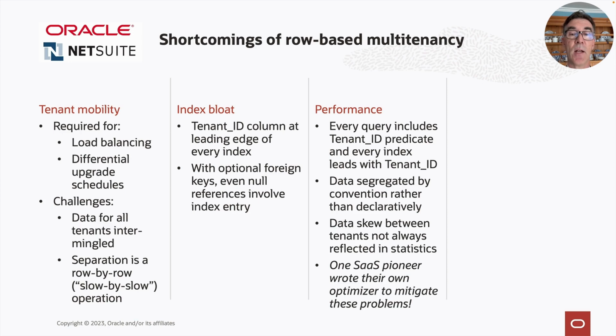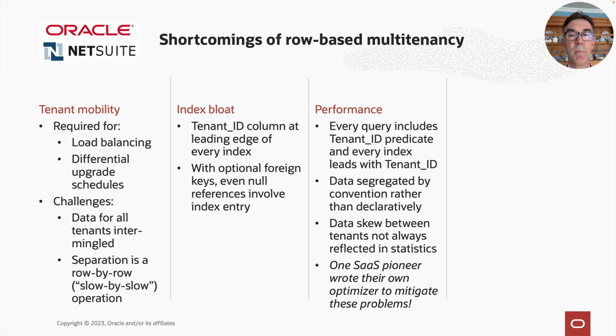Every query includes a tenant ID predicate, and every index has tenant ID at its leading edge. So it's a target-rich environment for the optimizer to choose from. The problem is further complicated by differing skews in the data between tenants. This is not always reflected in the statistics, because the data is segregated by convention rather than declaratively.